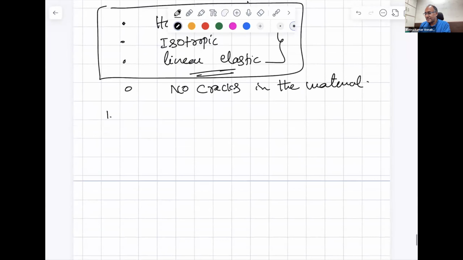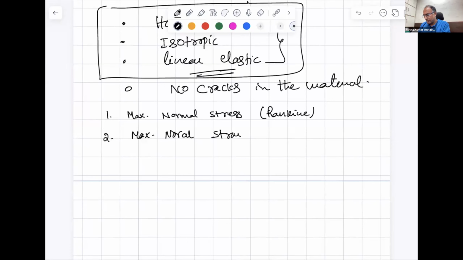So first theory is maximum normal stress theory or Rankine theory. Second theory is maximum normal strain theory, called Saint-Venant theory.